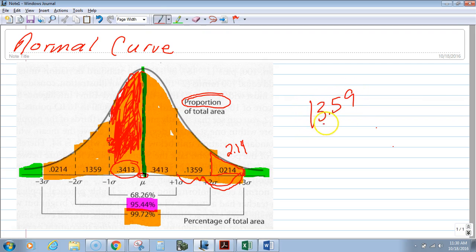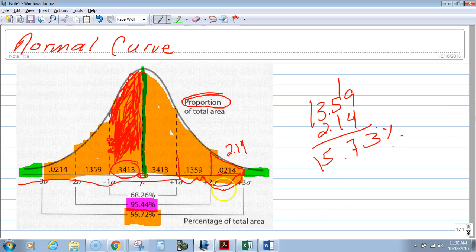We can add them together, which will be 15.73%. Okay, so once you have this in your notes, you can always use it to find the different percents for things. What percent of people fall between here and here? We'd add all of that up.